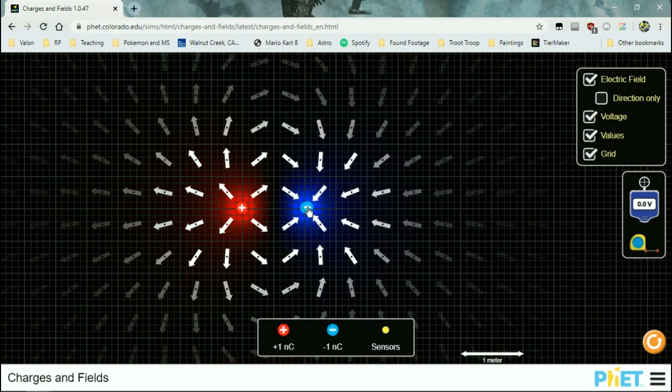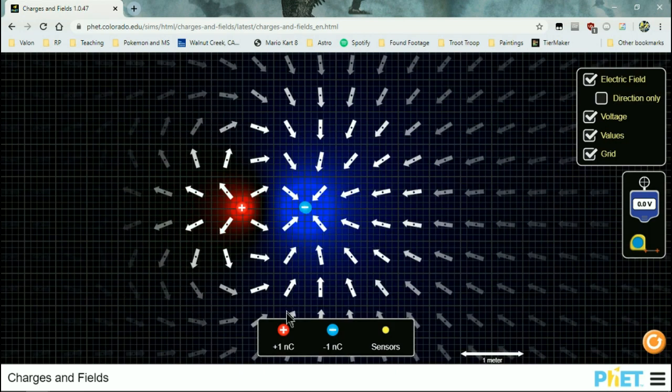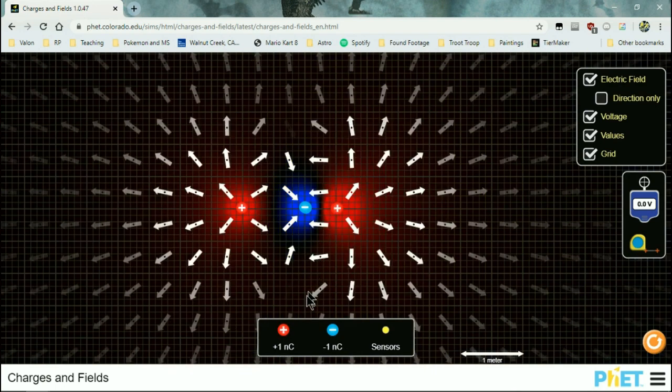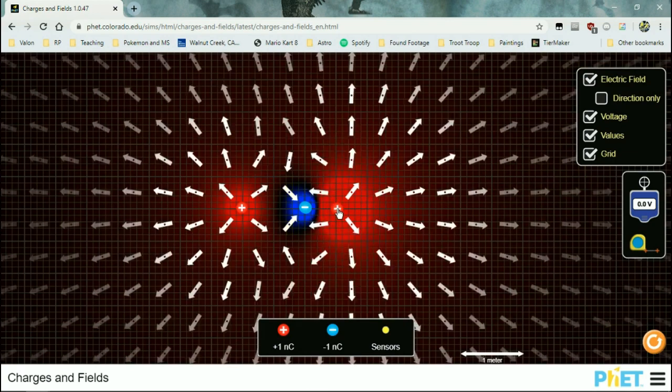Let's have 2 there. But then let's have 3 here. And the question is, what is the voltage here? Okay. Now, I know that's showing the field, but I want to know what is the voltage there.